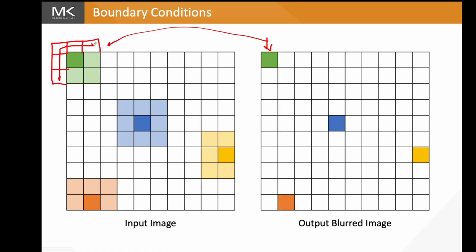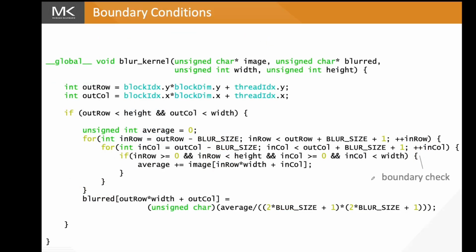These pixels are outside of our image and they're invalid. The same thing can happen when you are here and when you are here, right? So we also need another kind of boundary condition, which we can provide here. We want to make sure that this in row and in col are within the range. They should be positive, and they should be smaller than the height for the in row, and smaller than the width for the in col. Okay.